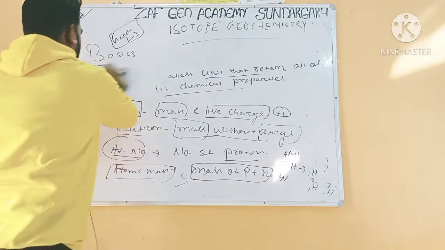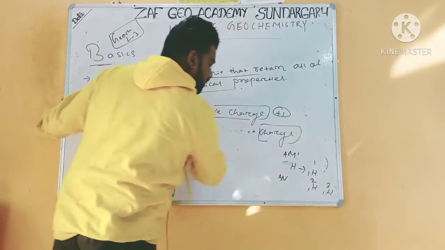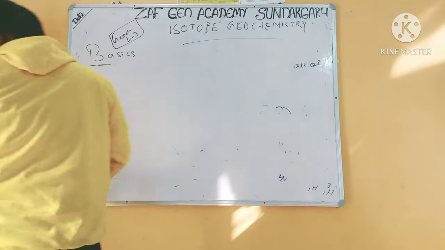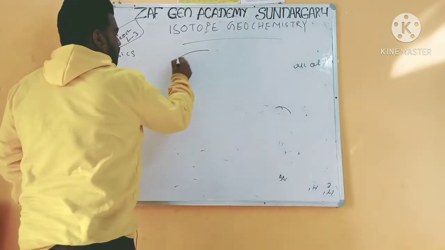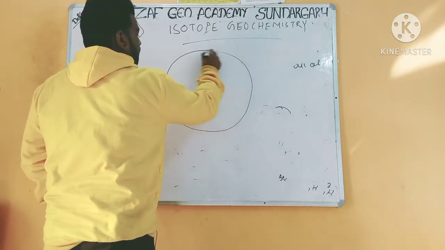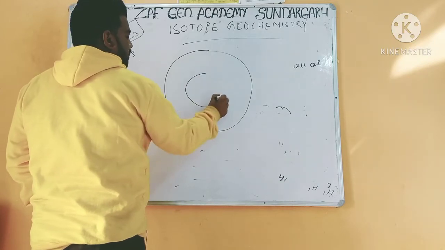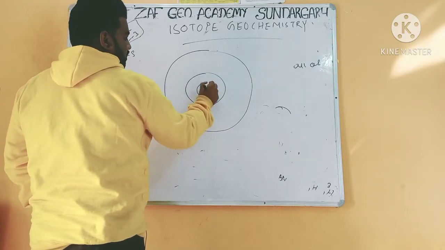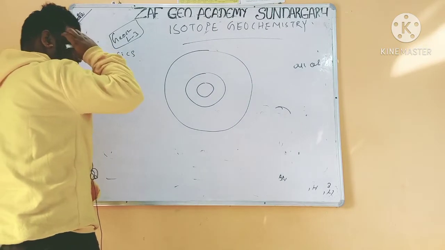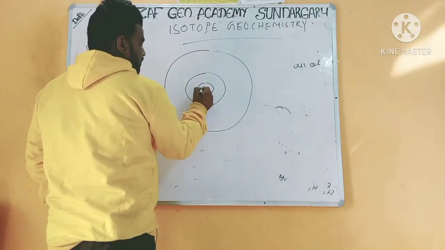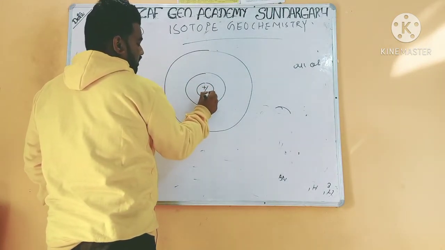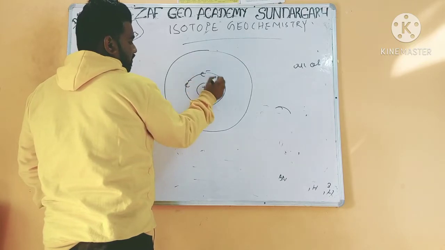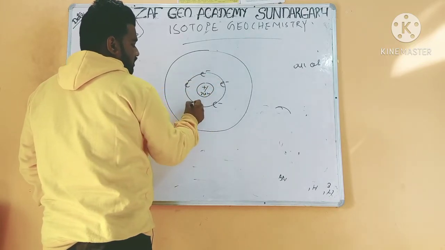So how does an atom look? Let me draw here. So this is the atom, and here the nucleus, and here protons positive and neutrons neutral, and here electrons will revolve around the nucleus.